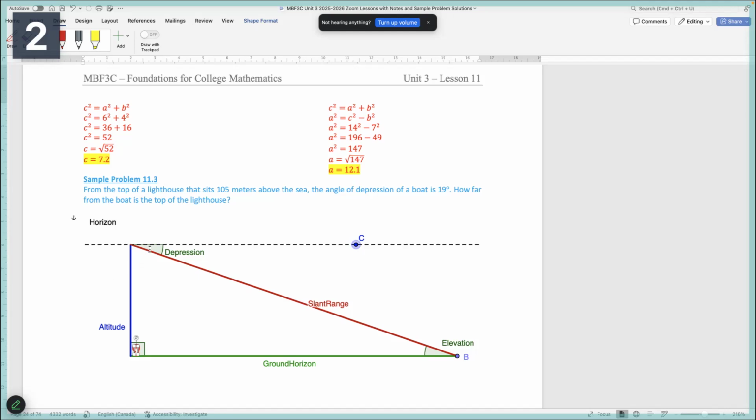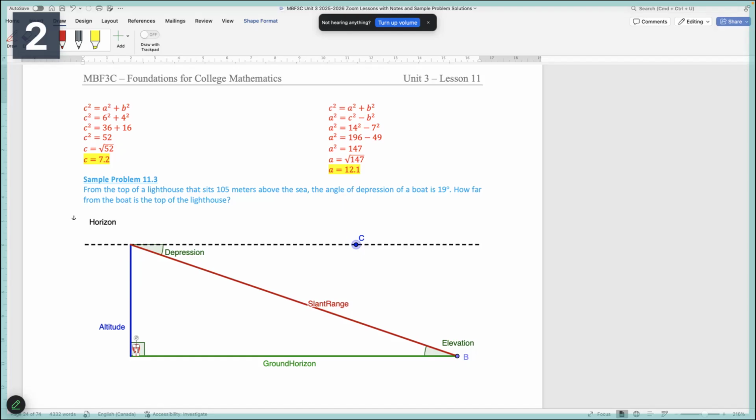The next part is to do the substitutions. So the sine of B, the angle itself, is 19 degrees. So sine of 19 equals, the opposite side is 105.